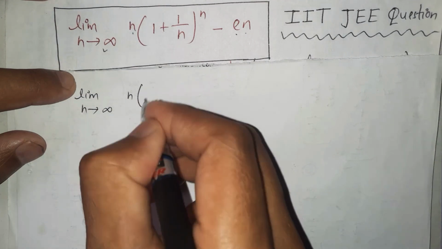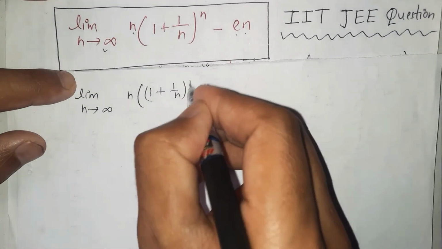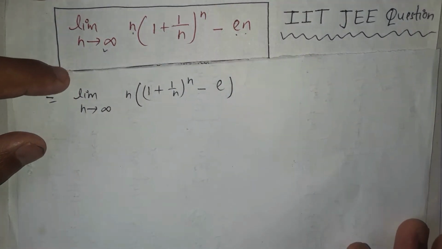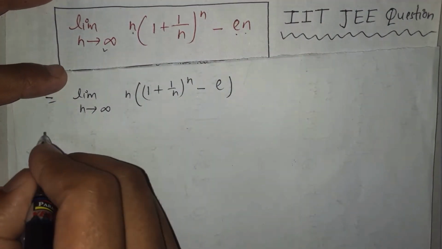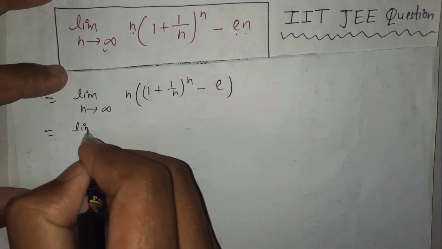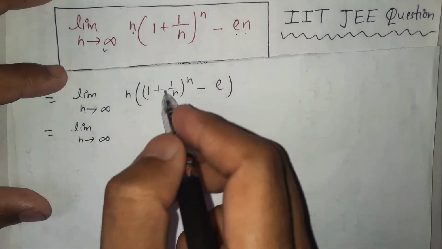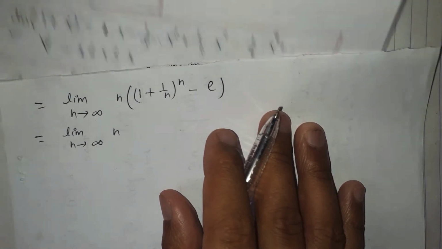After taking n as common, our expression will be (1 plus 1 over n) raised to the power of n minus the Euler number. In this step we just take n as common from these two terms.